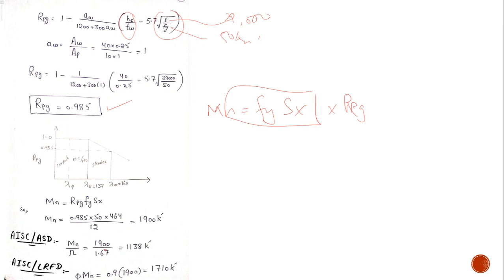Finally, you will use the two well-known factors, the factor of safety and the resistance factor, phi, and you will find out that your plate girder is able to resist this much moment.